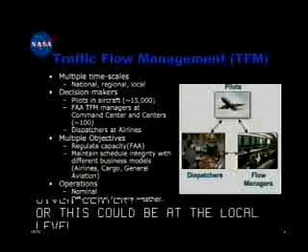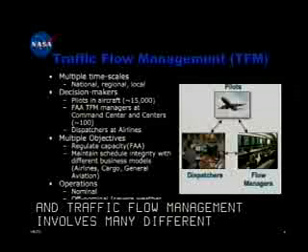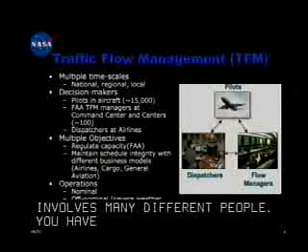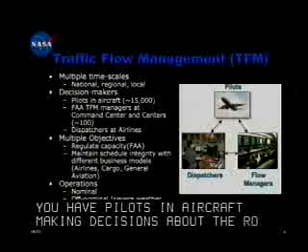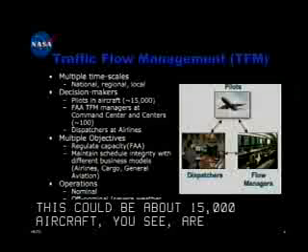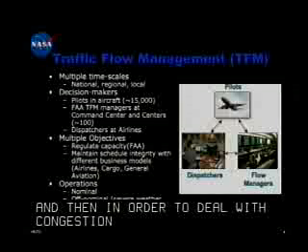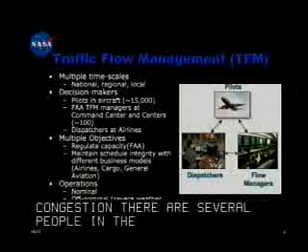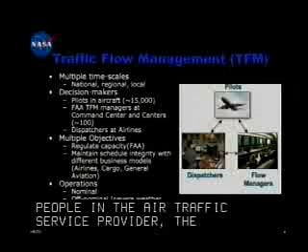You have pilots in aircraft making decisions about the route the aircraft takes. This could be about 15,000 aircraft if you are planning an interval for about 4 hours. And then in order to deal with congestion, there are several people in the air traffic service provider, the FAA in the United States, both at the command center and at the center.